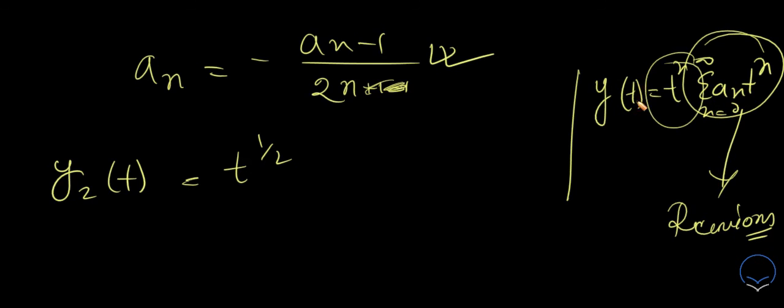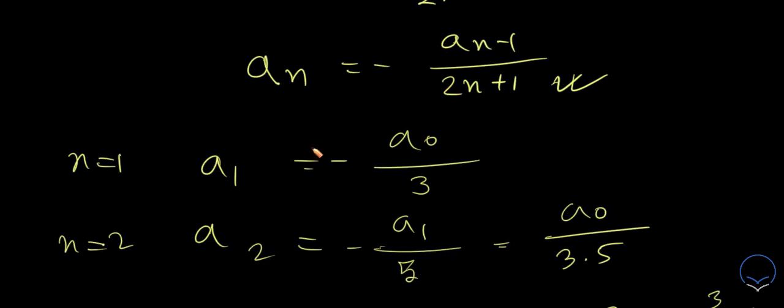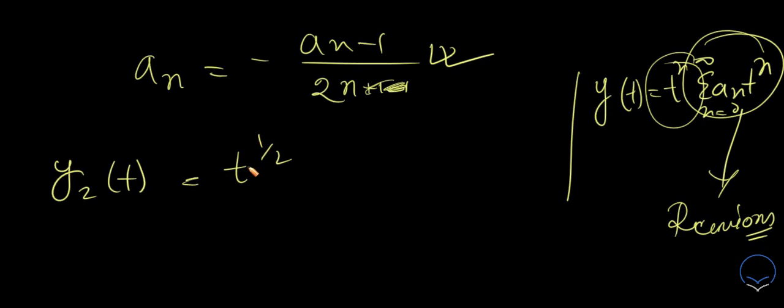But this guy over here, t to the power r, you have two r's, so for 2 r's you have 2 y's, that is one of them is y1, one of them is y2, and since in the first case we considered r as 1, that's why we wrote a t, and then we considered r equals 1/2, that's why we wrote a t to the power half.